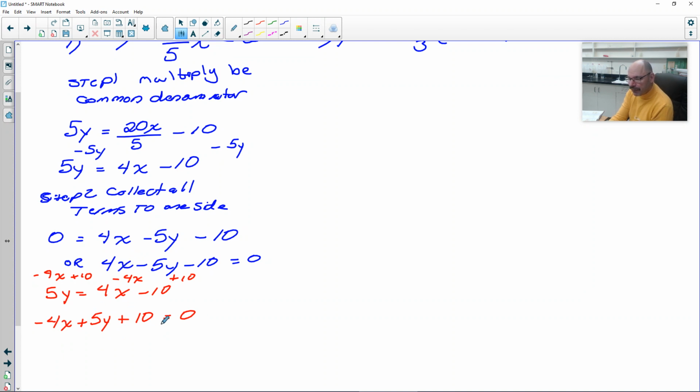So this and this are considered equal because you just changed the signs on them. Okay? So your answer in the back of the book can look two ways, right? So these are equivalent.